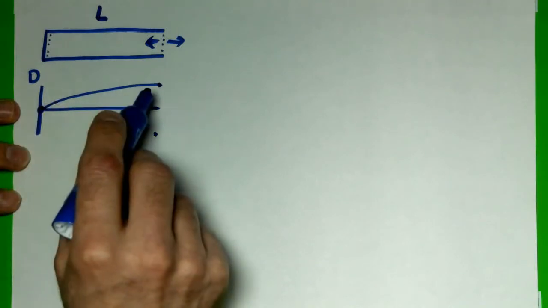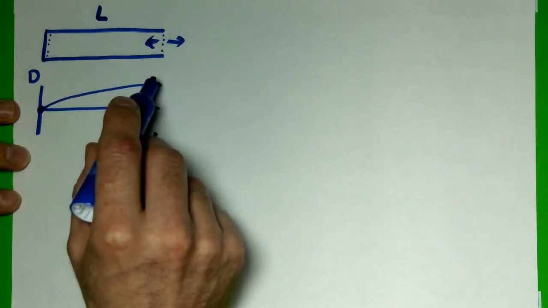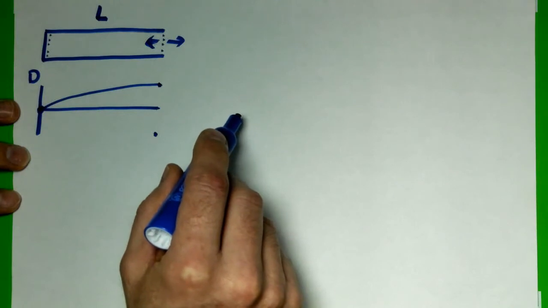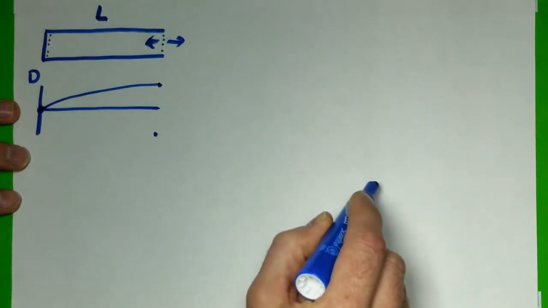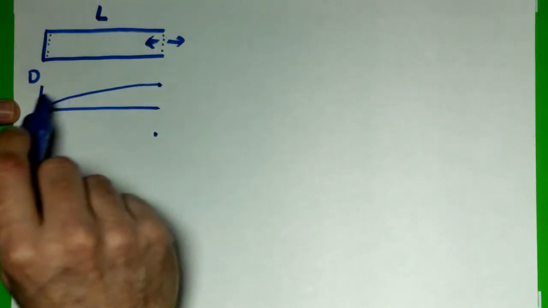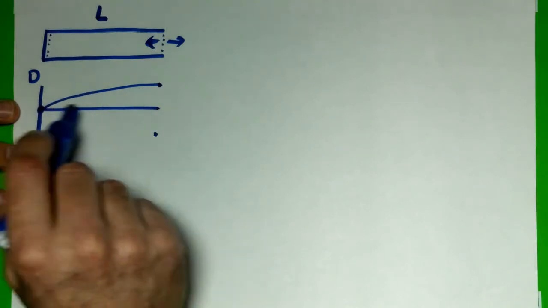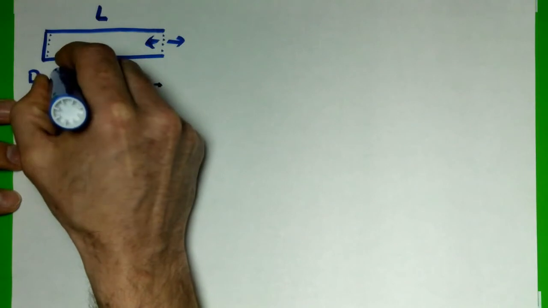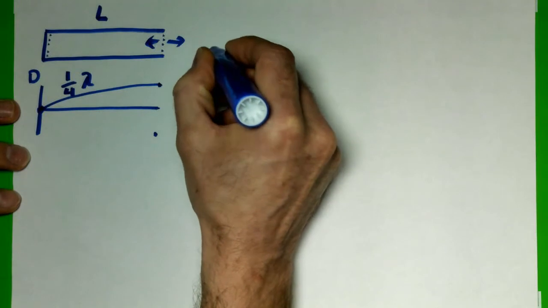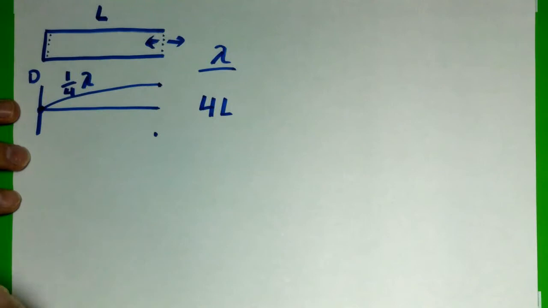I'm starting from the equilibrium point and getting up to a maximum. If I go from that maximum back to the equilibrium point, that would be half a wavelength, because I'd have to then go to the minimum and then back to equilibrium to reach a full wavelength. So this ends up being a quarter of a wavelength, or the wavelength is 4 times the length. So this is 1/4 of a wavelength, and I'm going to write a column heading here. Lambda for this case is 4L.